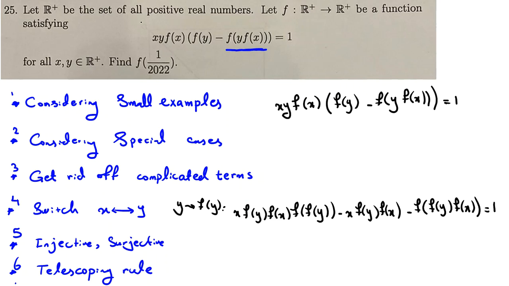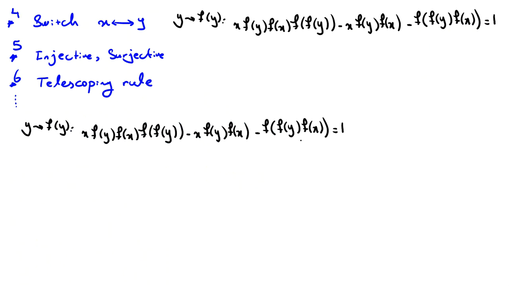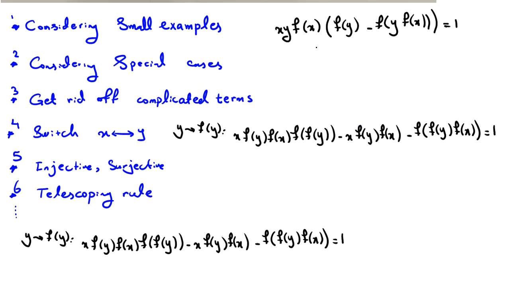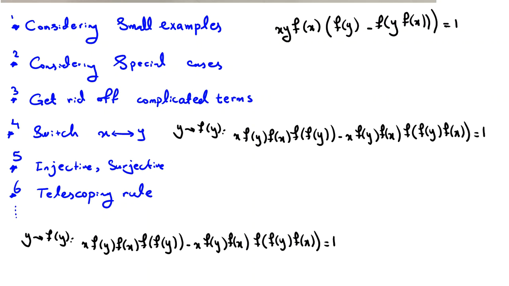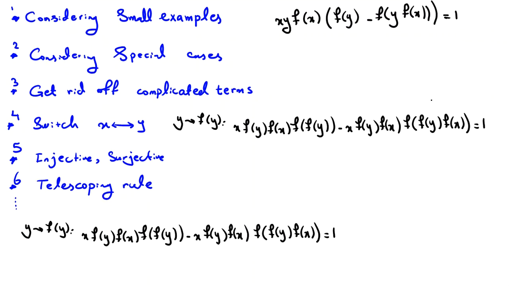Now let me paste it in another place so that we have more space. Now we want to get rid of this complicated term. Oh, sorry, here we have the product x f of x times this minus this. So let me correct. Now if we switch, it's good.